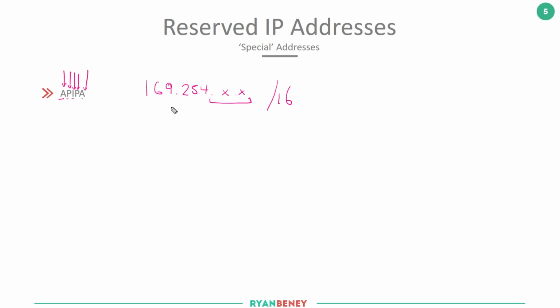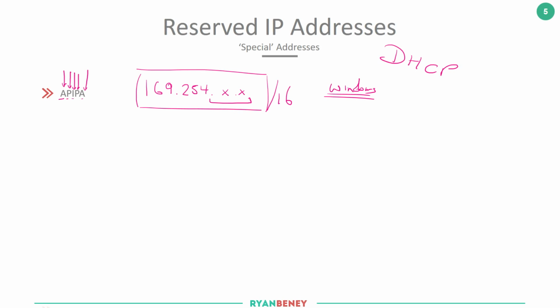This APIPA is normally only seen on Windows devices, but I have seen it on other operating systems. It's an IP address you would normally see when a device tries to obtain an IP address through the Dynamic Host Configuration Protocol, DHCP, and if it fails, it assigns itself an IP address in the 169.254 range.